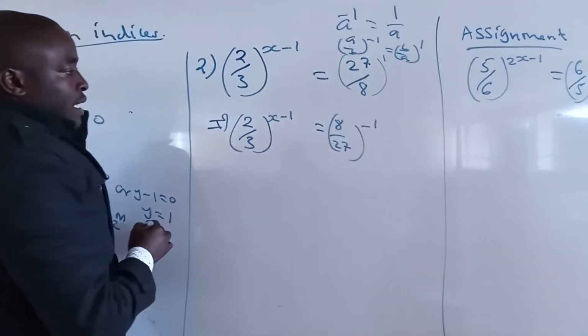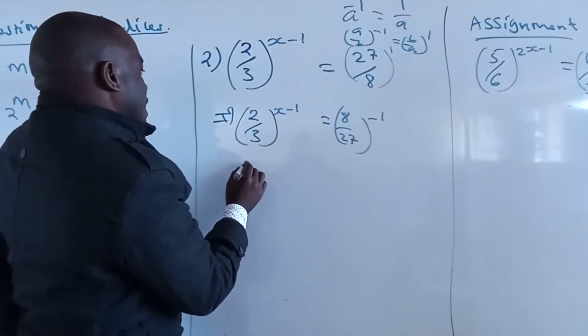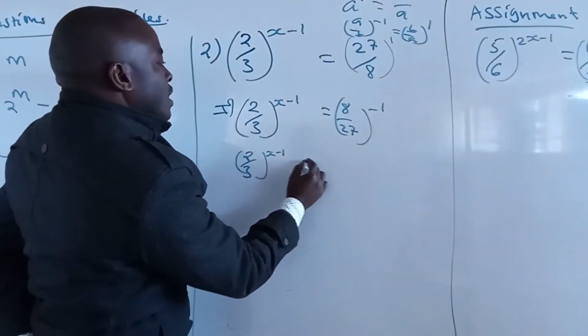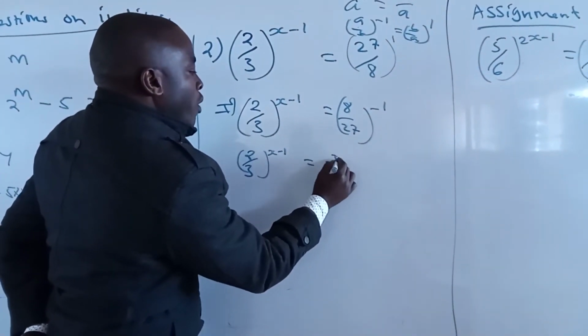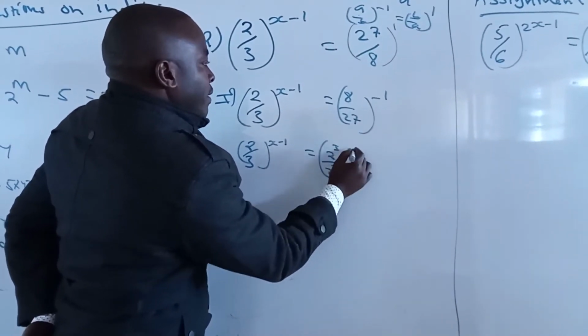So if that is the case, this one I needed a 2 here. So it will be 2 over 3 power of x minus 1 equals to 2 power of 3 all over 3 power of 3 power negative 1.